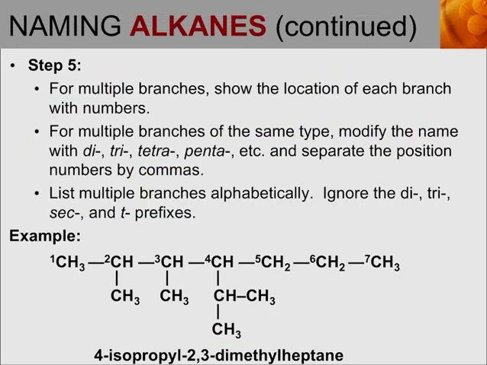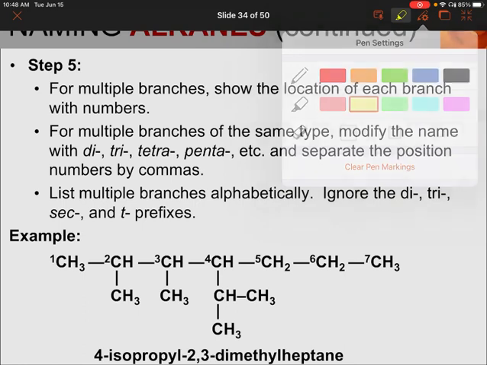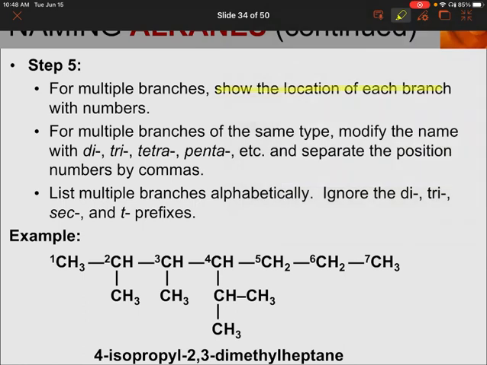Okay, now what if we have multiple branches? So for multiple branches, we want to show the location of each branch with numbers. And we do want to try to give those branches the lowest numbers possible, again. Now, if you do have multiple branches of the same type, we'll change the name by adding a prefix.